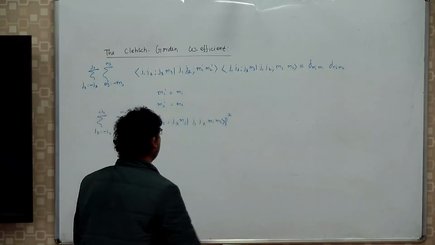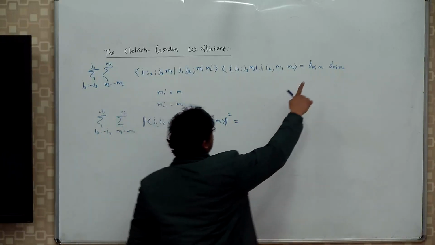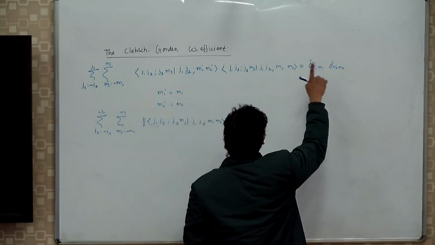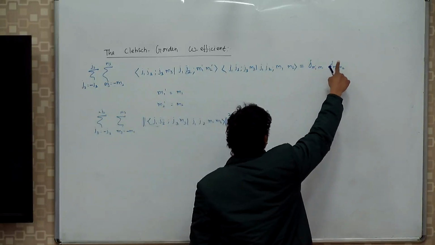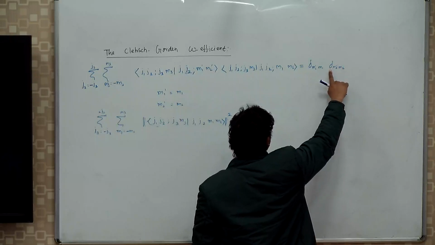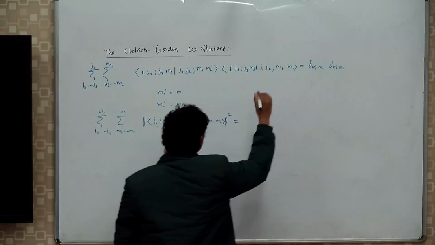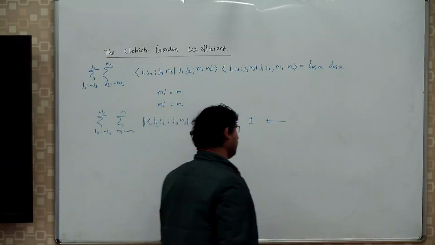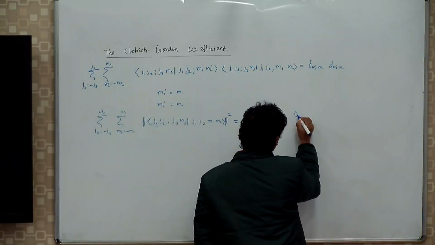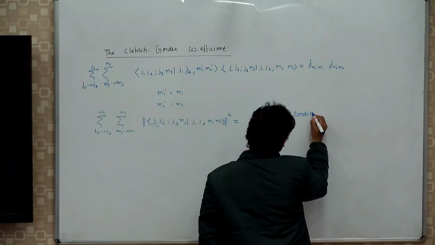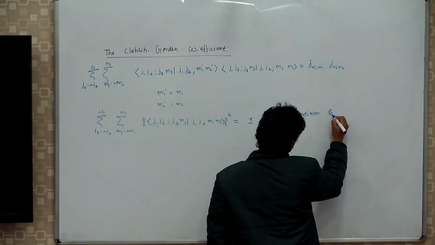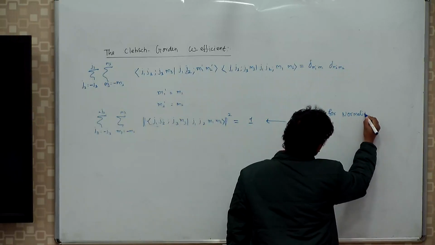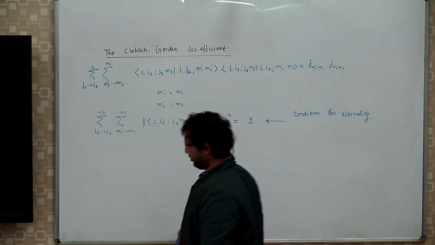So double times, then this will be M1' is nothing but M1, then δ_{M1 M1} will be 1, again δ_{M2' M2} will become δ_{M2 M2}, then this will be 1. This is the condition for getting the normality. Fine.